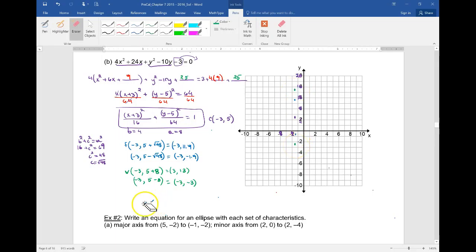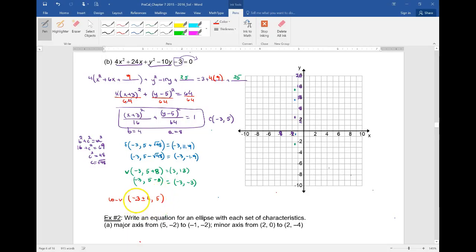The co-vertices are going to be, the B is going to be added to what? H or K? Here we added to the Y, so here we're going to add to the X. So the compact way of writing it is we can say negative 3 plus or minus 4, comma, 5.